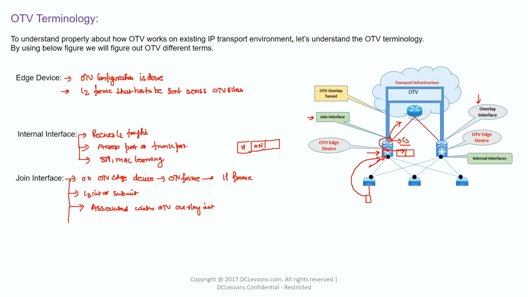The join interface also discovers the OTV edge devices. After discovery, OTV adjacency is formed, and then the overlay tunnel is created between sites.